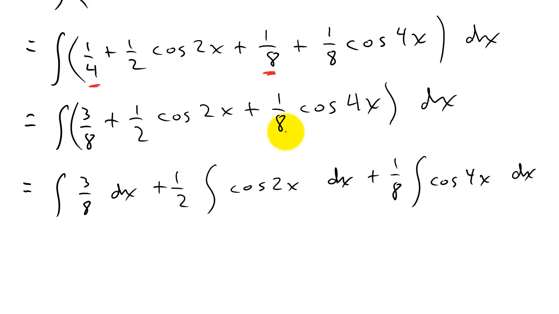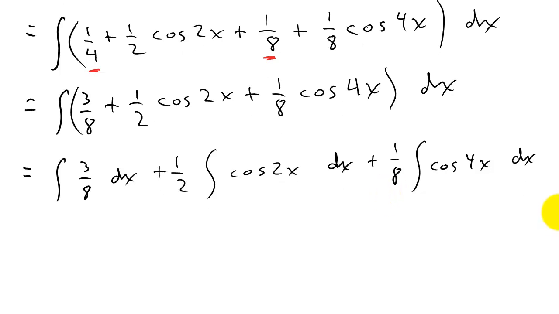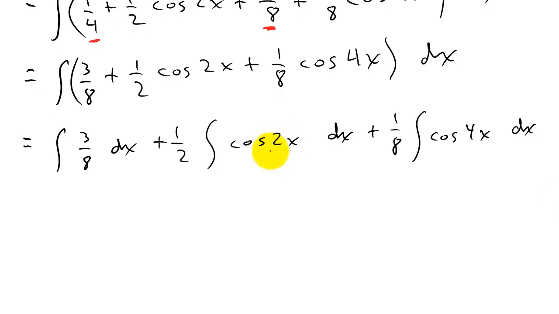I just put the 1/8 and the 1/2 on the outside of the integral. We can do that. So now to integrate this and this, I'll use substitution. Remember how to do that?